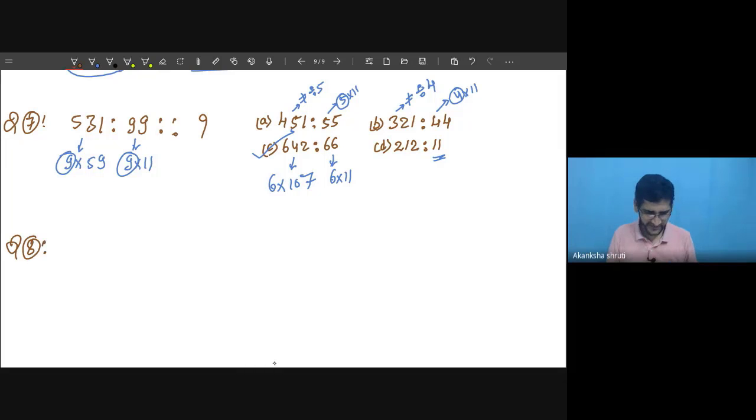Here, 4 is to 19, then 7 is to what? What should be the other unknown? Yes, students, tell me quickly. You have to stop the class, do it quickly, and tell me.